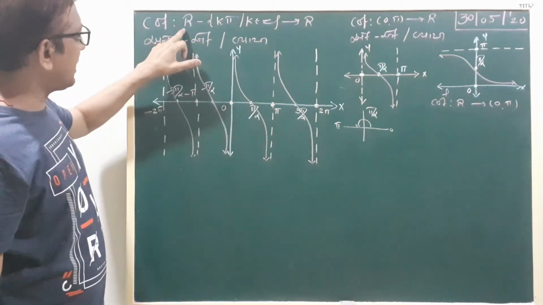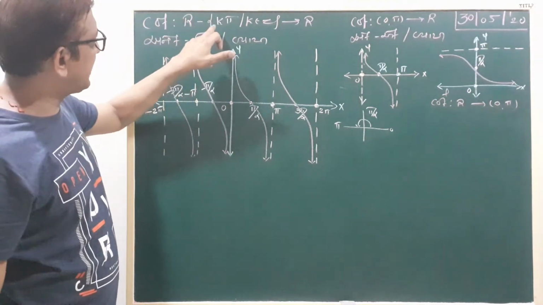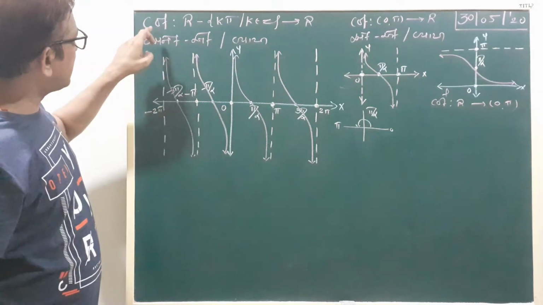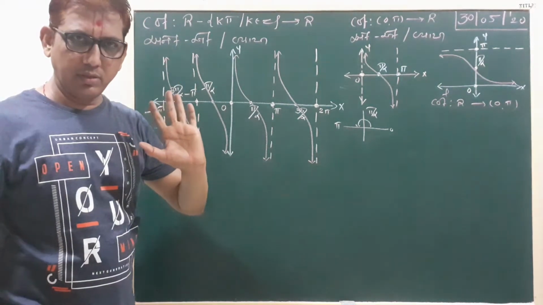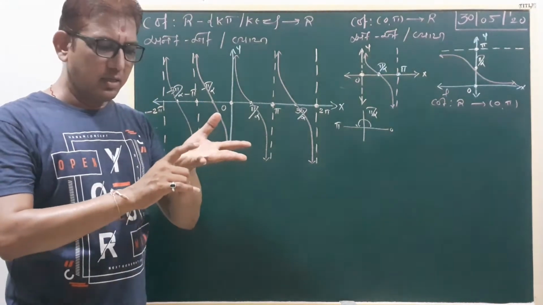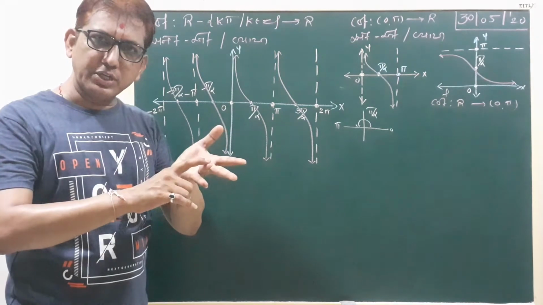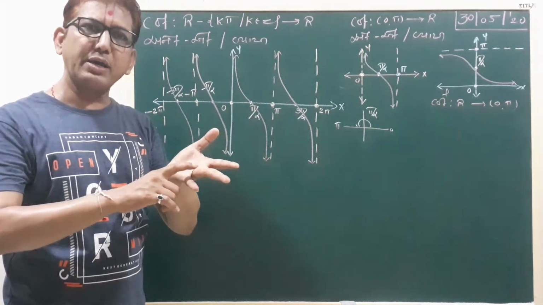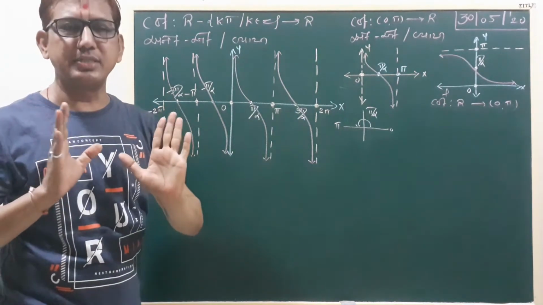Here, on the number line, we subtract this k pi. What is the meaning of minus k pi? It means cot of k pi is not defined: at pi, 2 pi, 3 pi, and with negative rotation, minus pi, minus 2 pi, minus 3 pi. Is it clear?